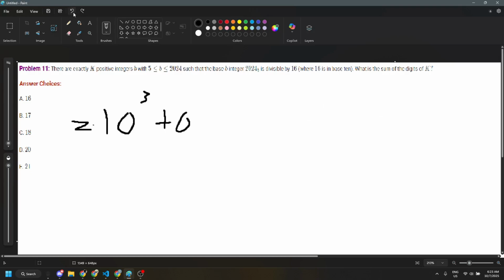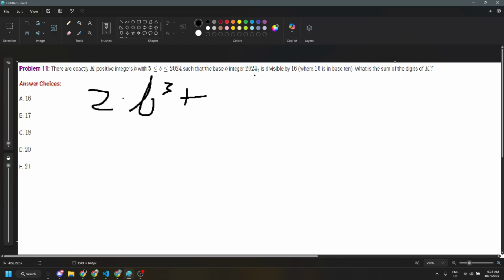In base b, that's 2 times b to the 3 plus 2 times b to the 1 plus 4 times b to the 0.